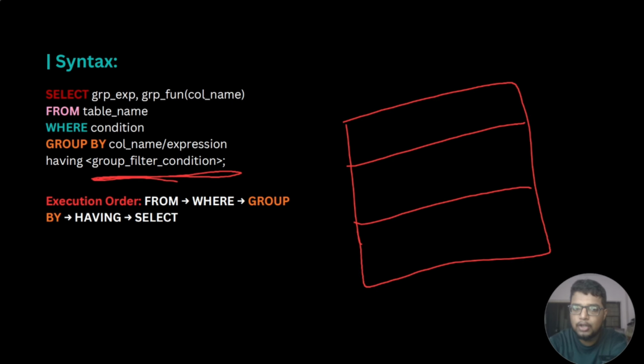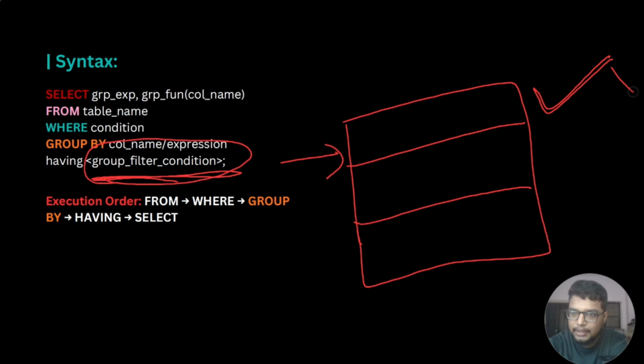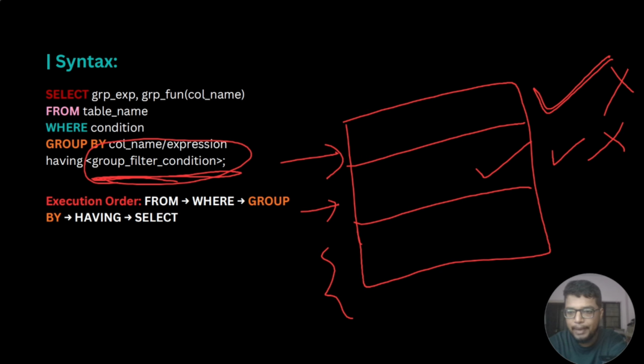So if the group by clause makes some groups, the having clause has to perform some operation on those groups. Because of that, the parameter we provide in the having clause is called a group filter condition. It filters the data: if the condition is satisfied, the group is selected, otherwise rejected. For every single group, it applies the condition.